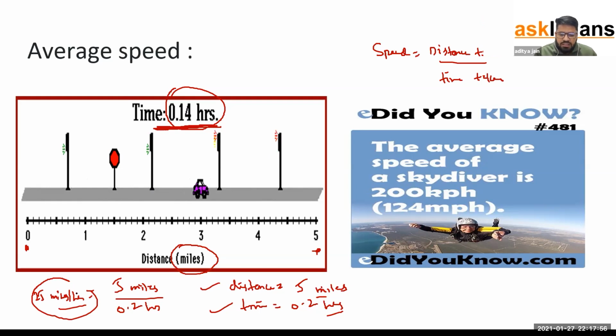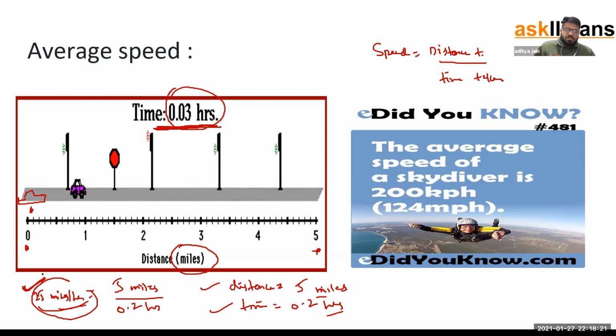So what it is showing is that this car is traveling 25 miles in a single hour. But if you think of the practical situation, the car has just started from the initial point. We can't say this car has started at 25 miles per hour, because it has started from zero speed.